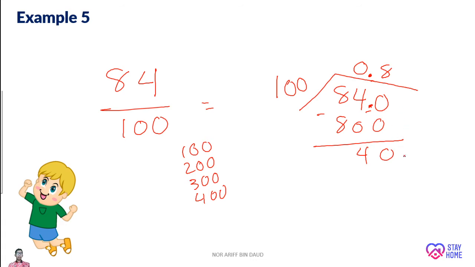We can put another 0, but no need to put 0 here. So you put 0 4 here, you subtract, you get 0, so you put 4. So the answer will be 0.84.